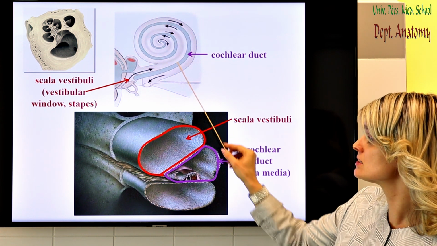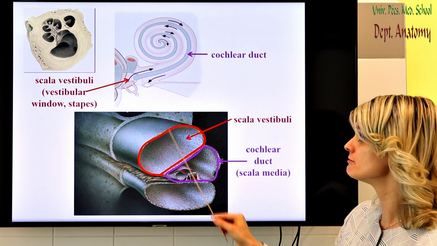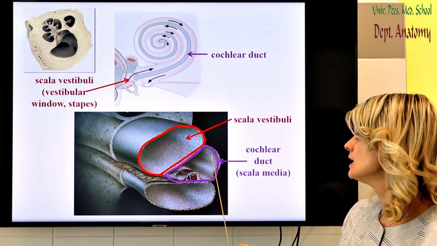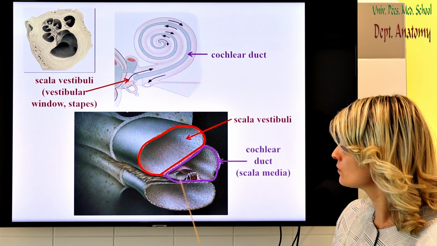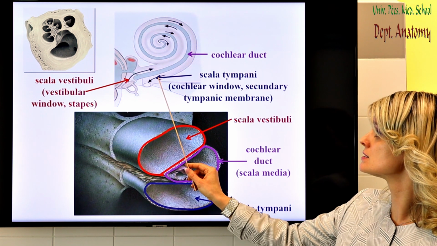Here the perilymph is located, and the endolymph we have here in the cochlear duct, and also there we can see the other part, which is called the scala tympani.